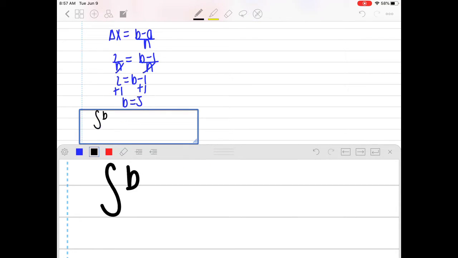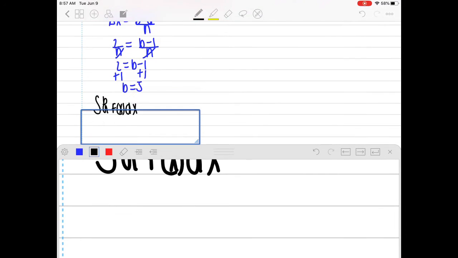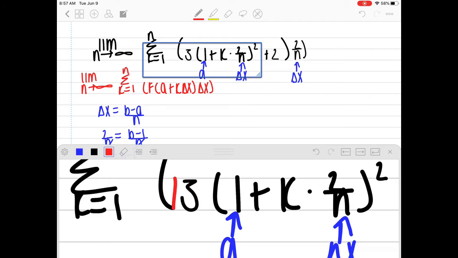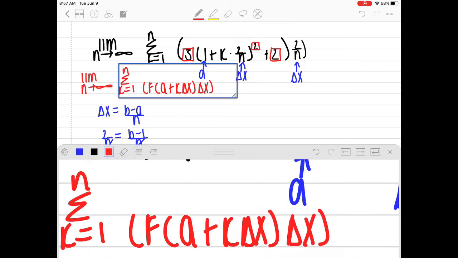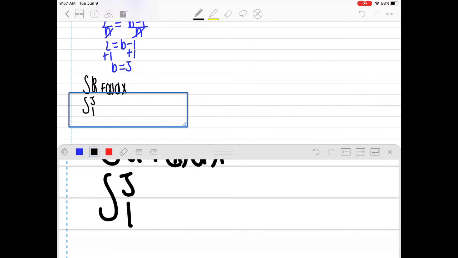And then our definite integral from a to b of f of x dx. We know our bounds. We found b and a, which is 1 to 3, and our f of x. So we could see that the x value is going to be 1 plus k times 2 over n, and the 3 is outside of that x value, and that x value is being squared, and there's a 2 added.